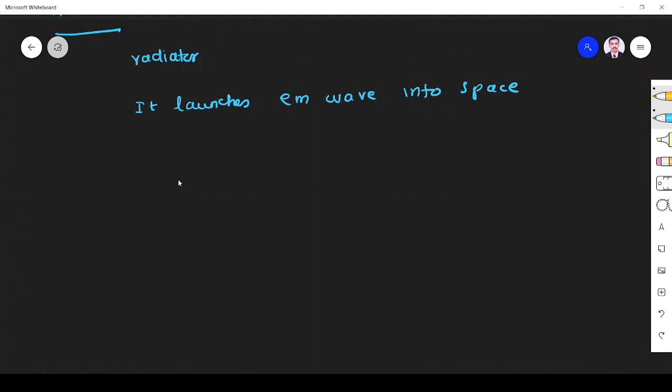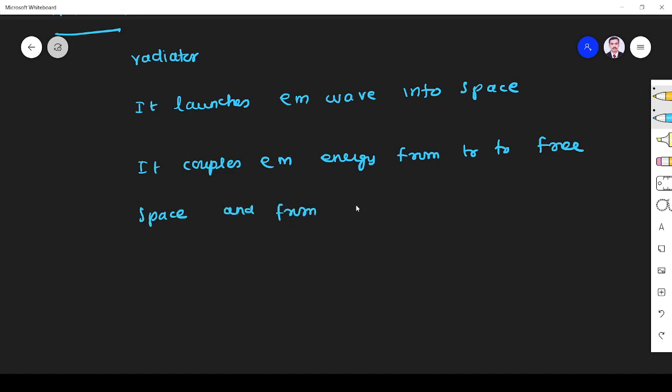Then what will it do? Antenna couples EM energy from transmitter to free space. That is one of the main functions of antenna, and also from free space to receiver. And it is a bidirectional device.